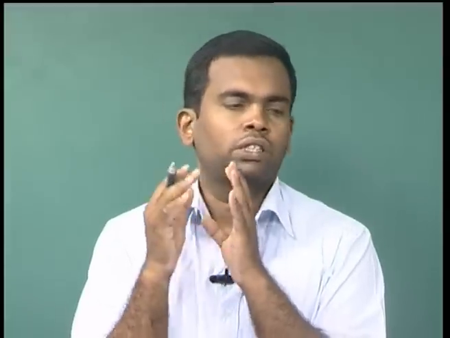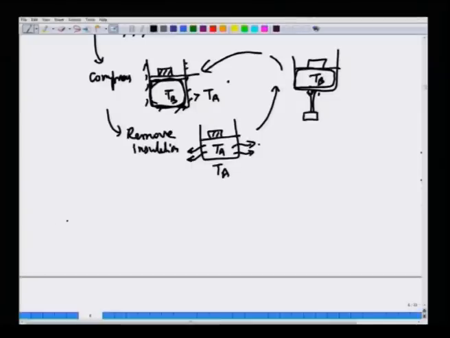One is by doing macroscopic work on the system, that is like compression, and the other is by supplying heat to the system. So, this is the sum and substance of the first law of thermodynamics, and we can mathematically express this as follows.